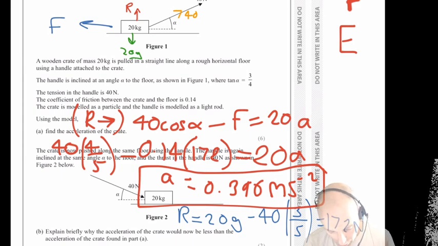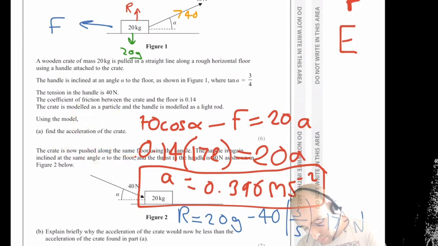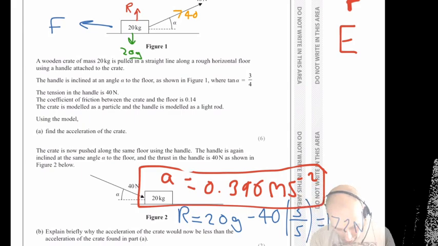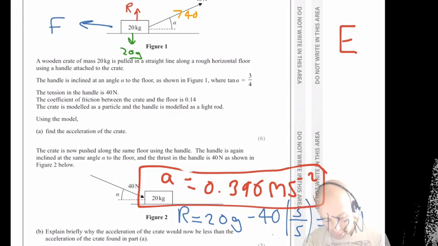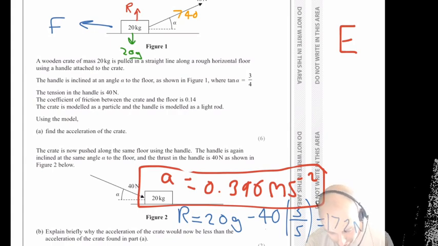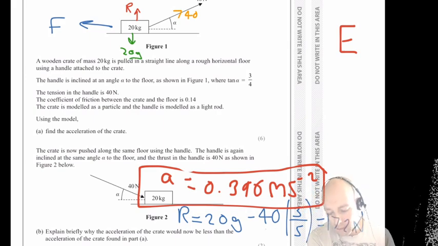Cool. All right, let's make some space. So the crate is now pushed along the same floor using the handle. Let's just recap. Okay, the handle is that thing on the end. So we're now pushing it. Explain why the acceleration would now be less than the acceleration of the crate found in part A. All right, I'd like to have some replies to this.